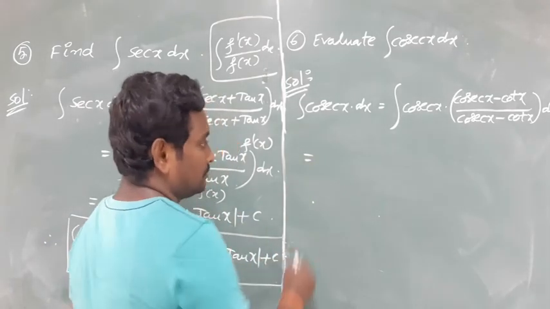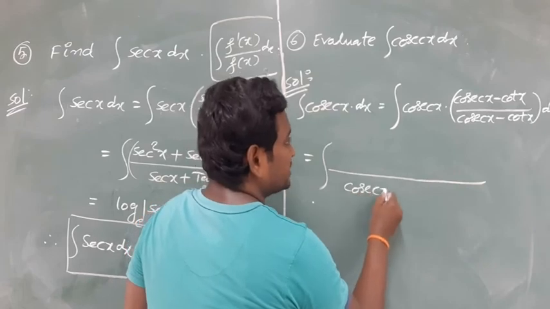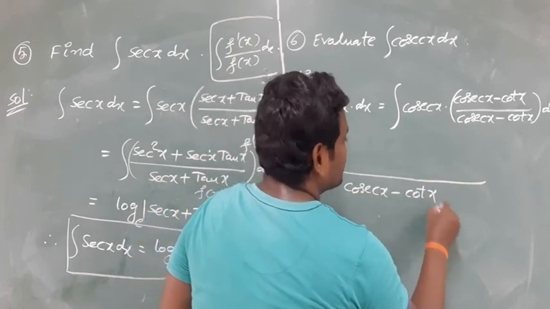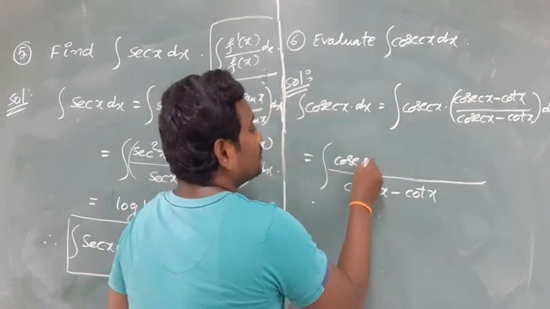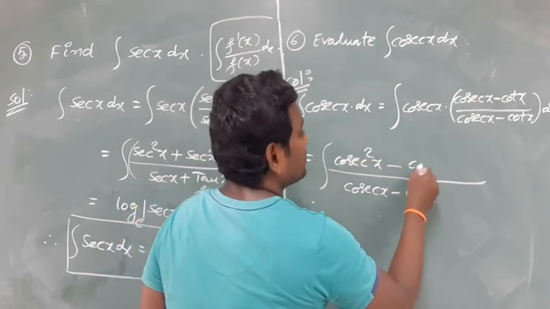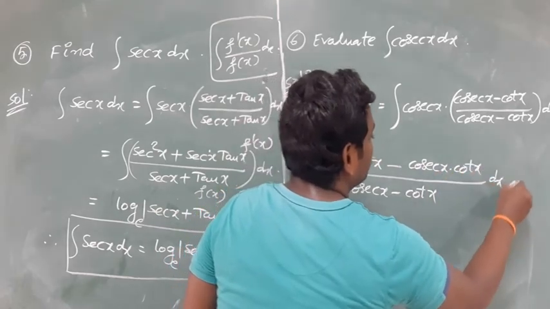That is equal to, the denominator is the same, cosecant x minus cot x. Take this cosecant x inside, you will get cosecant square x minus cosecant x into cot x dx.